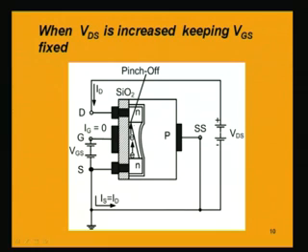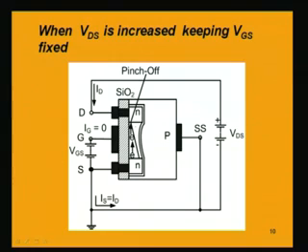Now, if we go on increasing the drain to source voltage, ultimately the channel width will be reducing so much that it will boil down to only a point, and that is called pinching off.